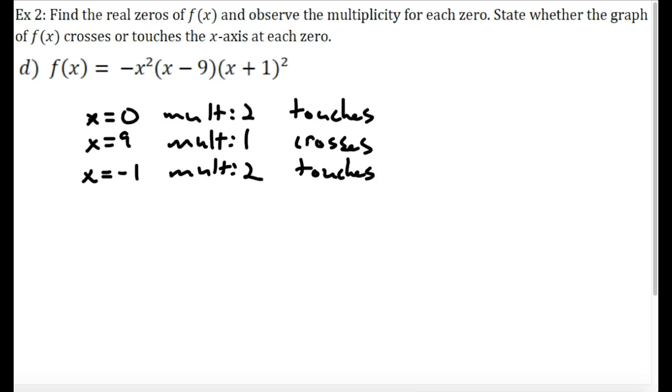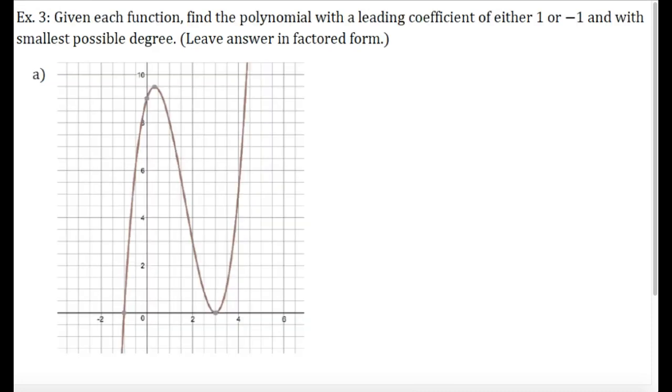So let's go the other way now. Let's say, given a graph, I want to try to write a function. It tells me that we're just going to leave the leading coefficient as 1 or -1. So there's a couple of things that I need to look at here.